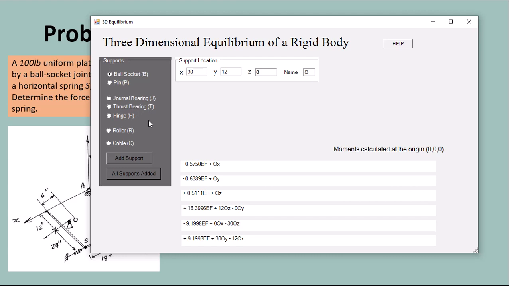Spring S, as we talked about before, we could have modeled the spring as a cable, but we decided to model it as a pin, as we wanted to model the spring as a pin with only an X force. Add support. The location of the spring is 36, 36, 0. Name is spring S.